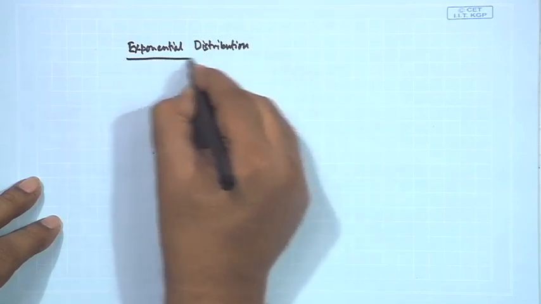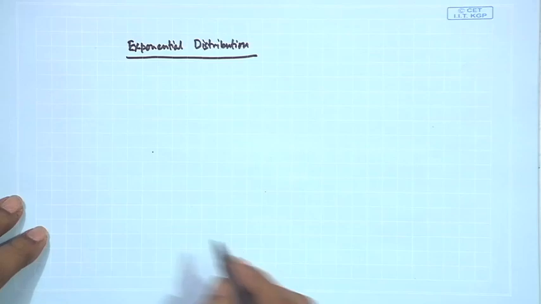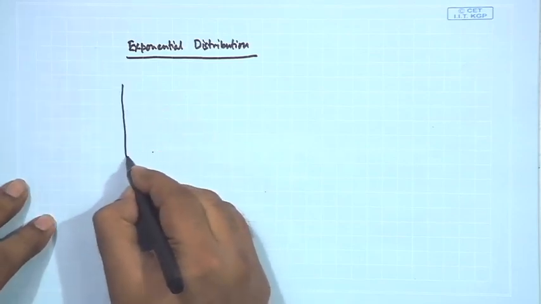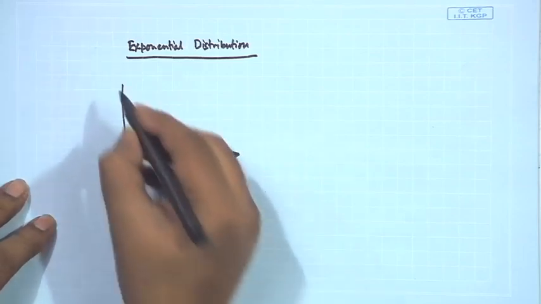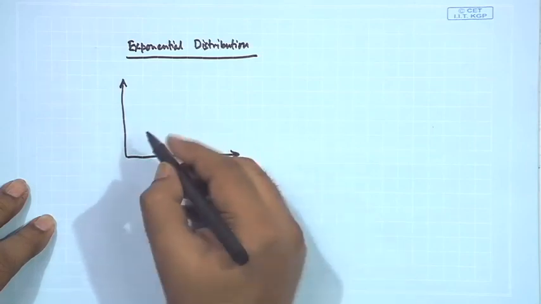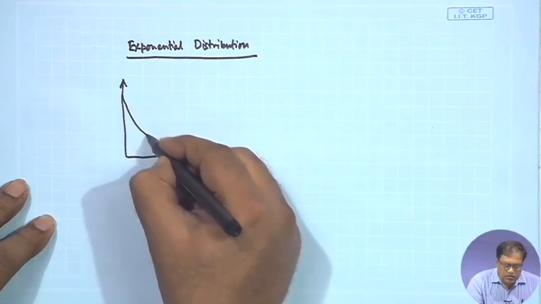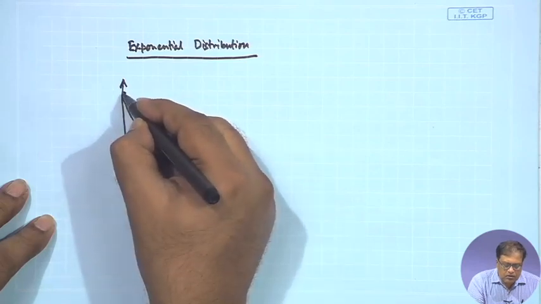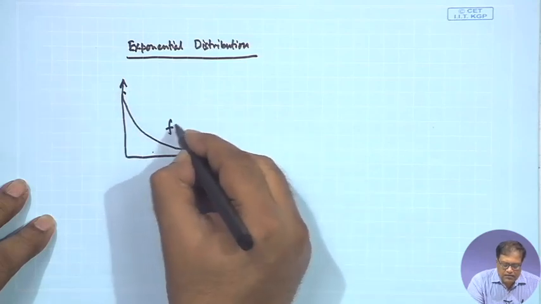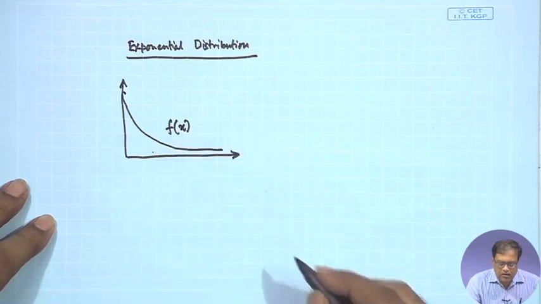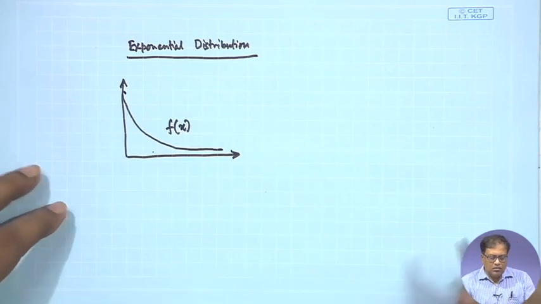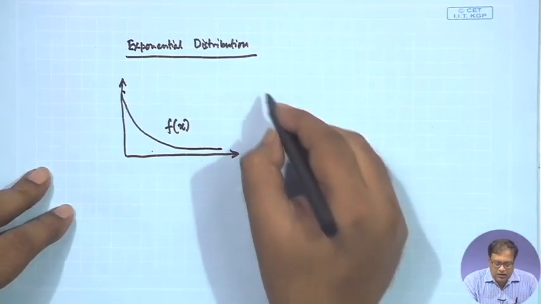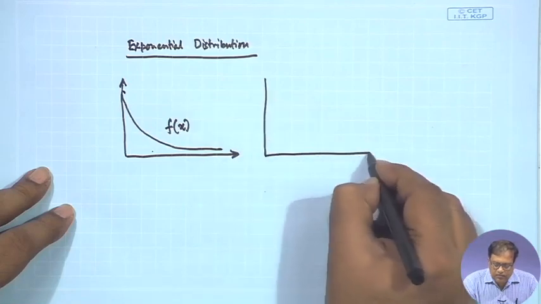We shall look at the mathematics a little later, but let us look at the exponential distribution, how it looks. This is usually what is known as f(x), the probability density function.